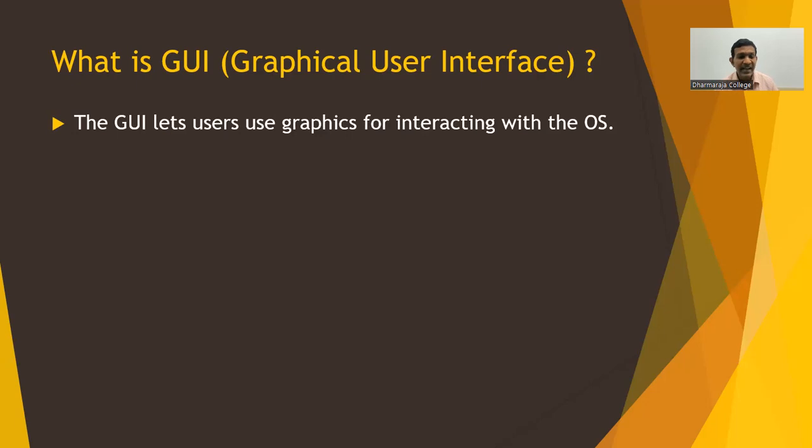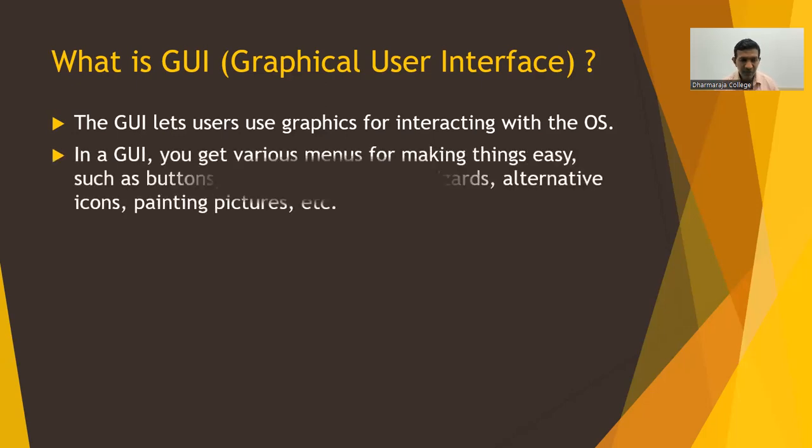So the user can identify those pictures or graphics easily, right? So they have windows, menus, buttons, scroll bars, right? Those make it very easy for the user to understand.